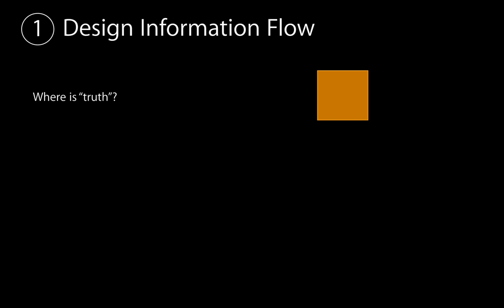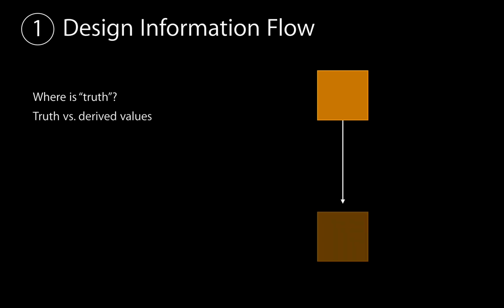So we've worked through how these techniques can help us solve several real-world application problems, and hopefully, they suggest to you ways that you can solve the kinds of problems you face in your app every day. You just have to actually think about how information and events are flowing through your application. First, where is truth? Who really knows? Who is really responsible for those fundamental pieces of state, information, and events in your application? And then once you start thinking about how they flow through your application, remember the difference between truth and the values derived from truth.